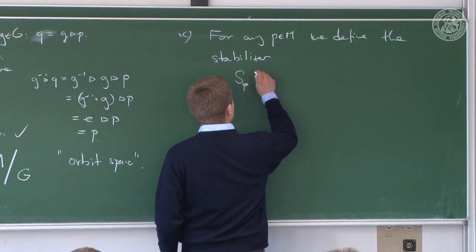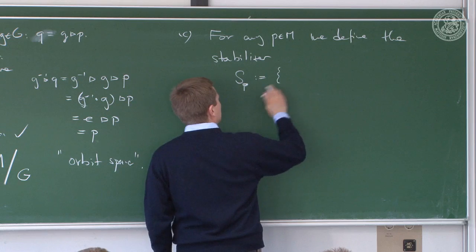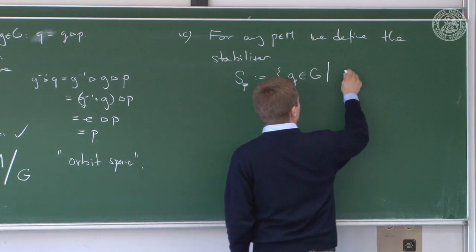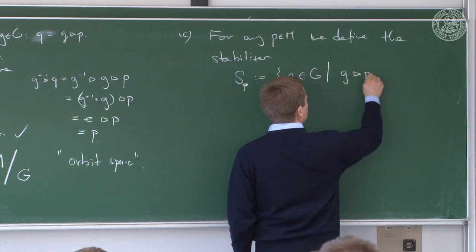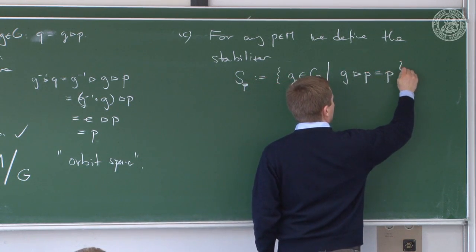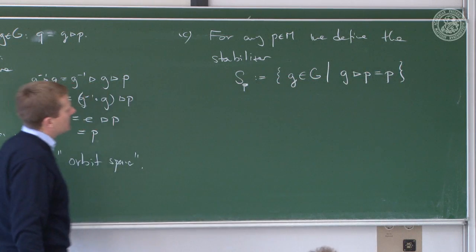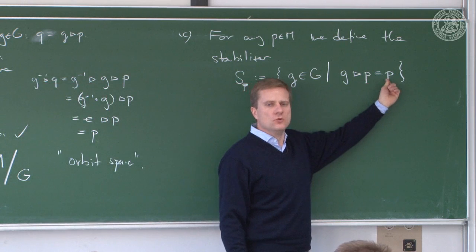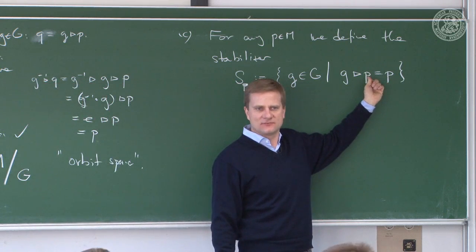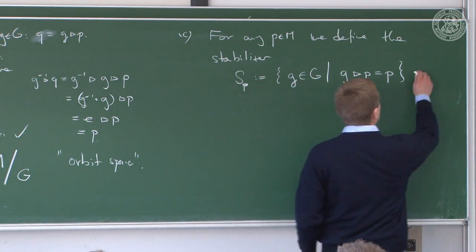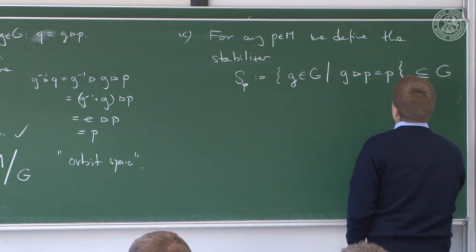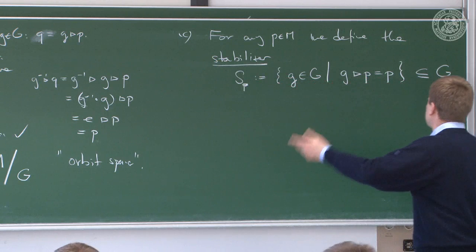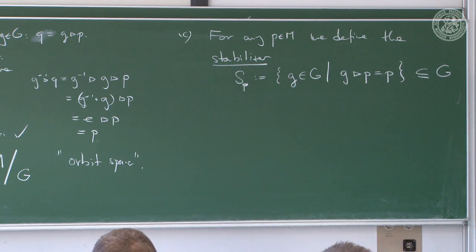Okay? And the stabilizer are exactly those elements of the group that keep the point that you fixed invariant. So the stabilizer are all those elements in the group that do not move the point you chose. That depends on the point, and that's obviously a subset of the group. So always keep that in mind: orbit, subset of the space; stabilizer, subset of the group.